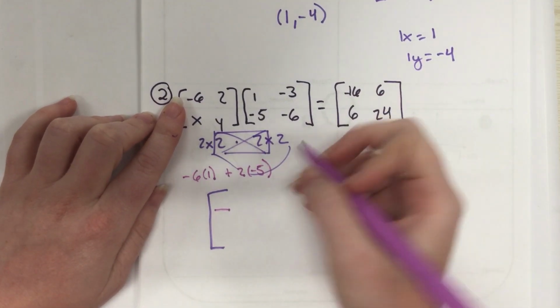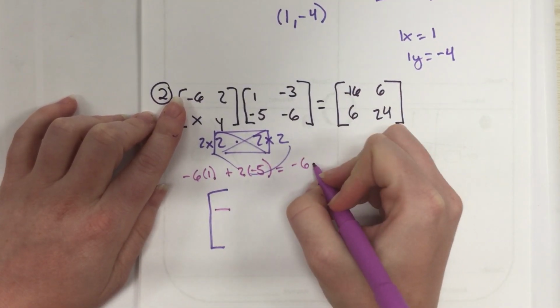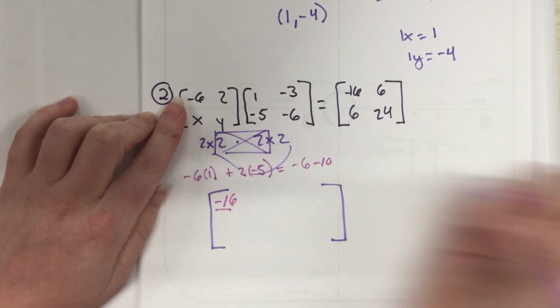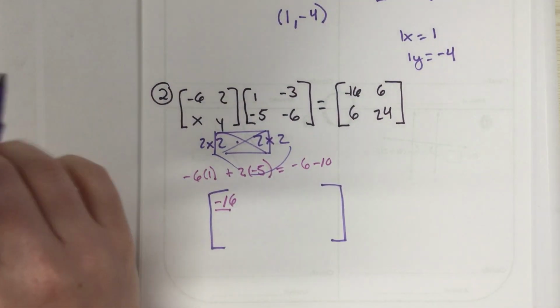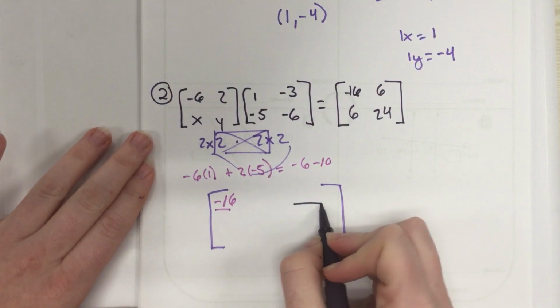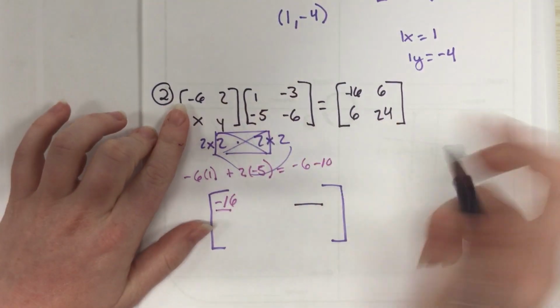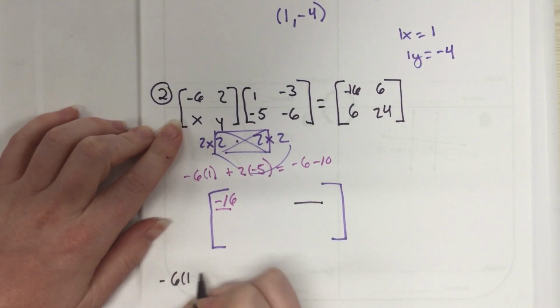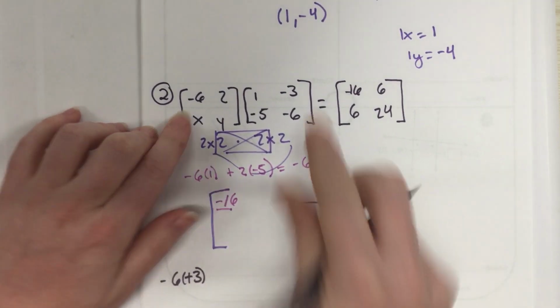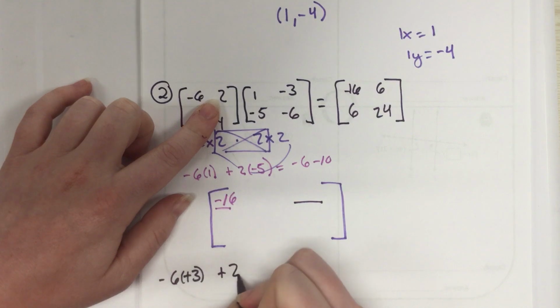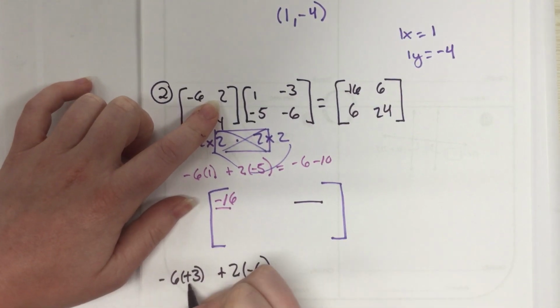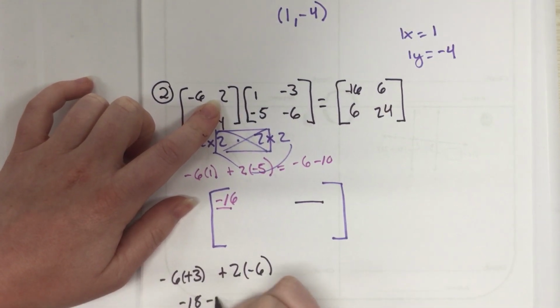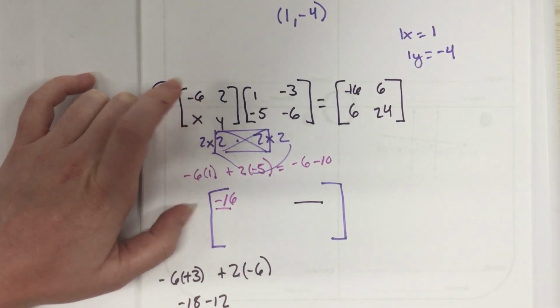So negative 6 times 1 is negative 6, minus 10, so I get negative 16. Okay, and then let's do this next one. So right here is first row, second column. So I get negative 6 times negative 3, and then plus 2 times negative 6. So negative 18 minus 12.